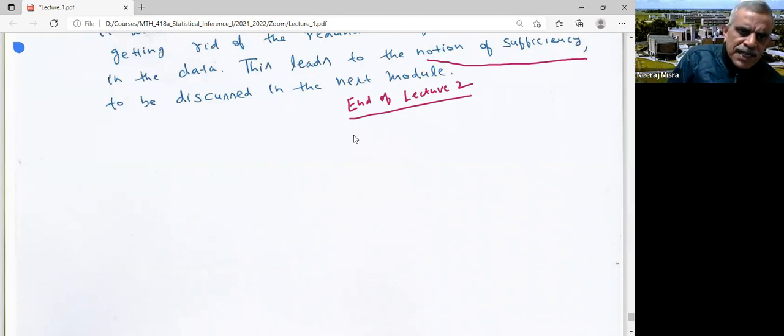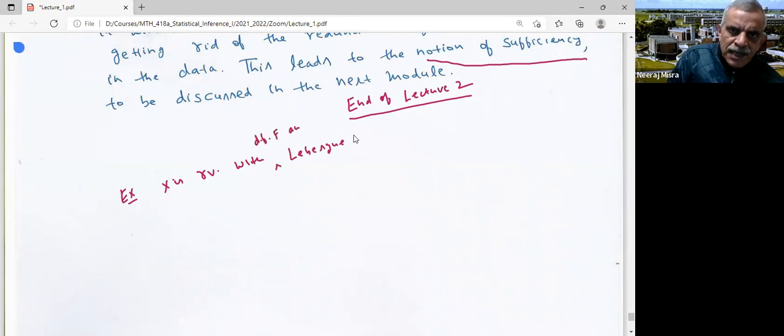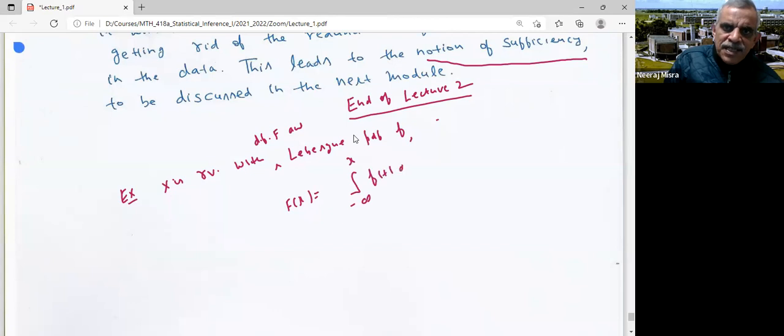So when I say that x is a random variable with distribution function F and Lebesgue PDF f, what it means is my distribution function F(x) can be written in terms of an integral, the usual integral from minus infinity to x of f(t) dt.